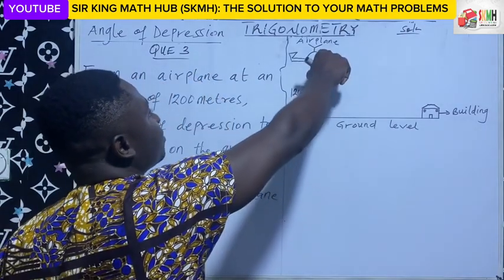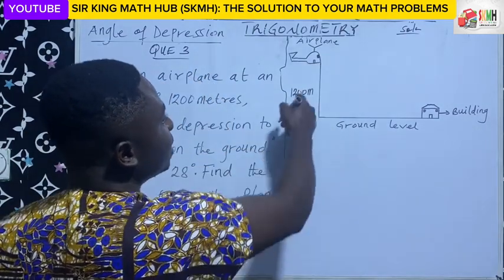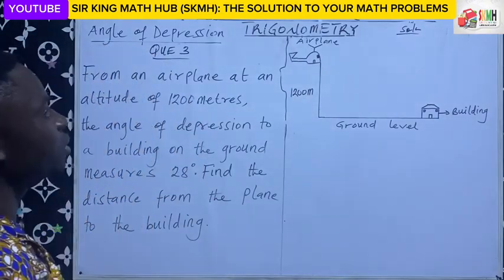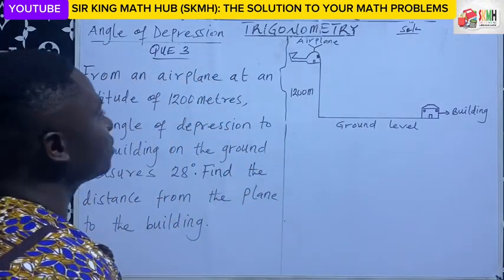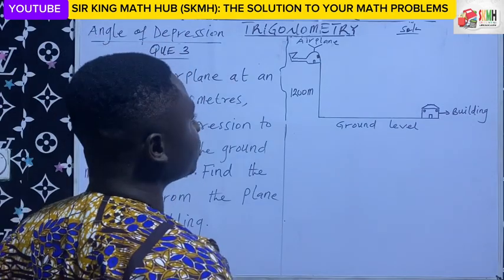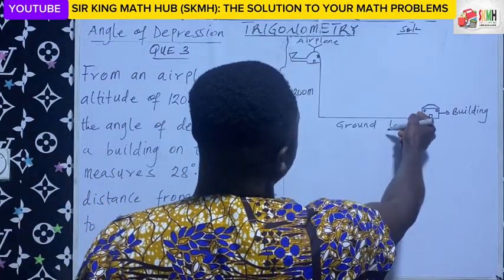So that is the distance from the airplane to the ground level, 1,200 meters. So now from this airplane, the angle of depression to the building, so the angle of depression to this building.